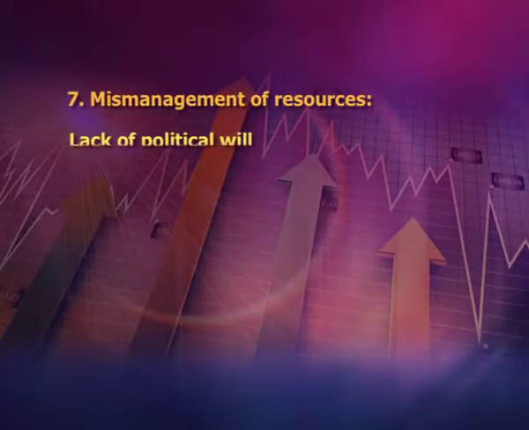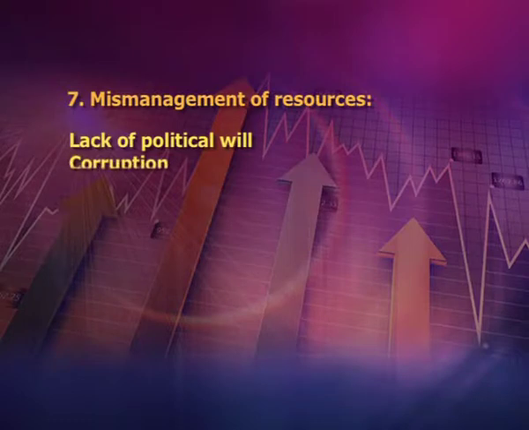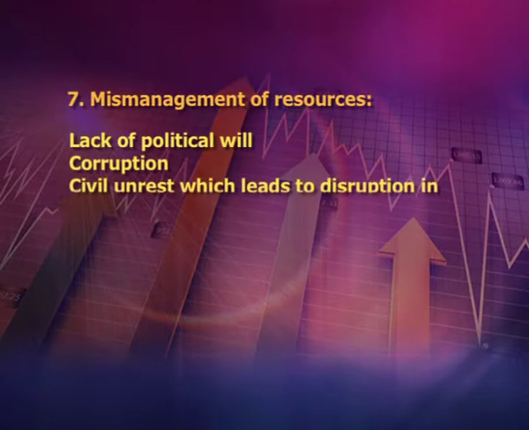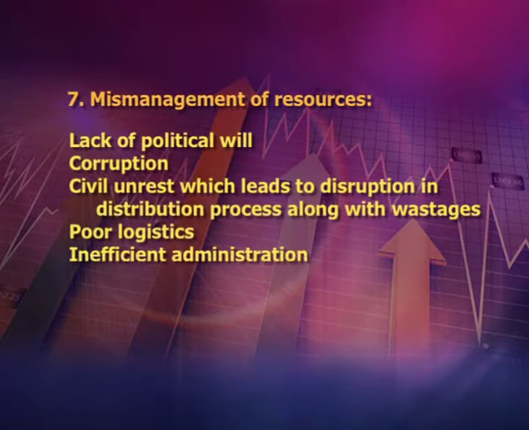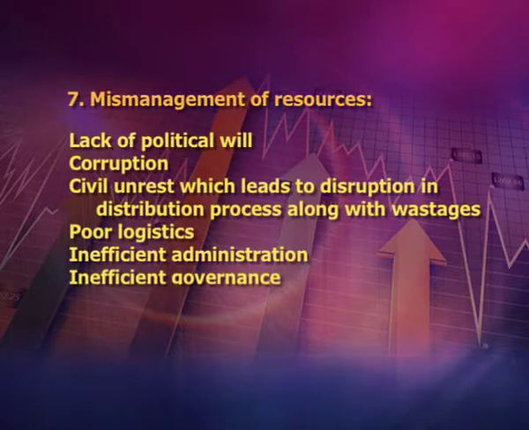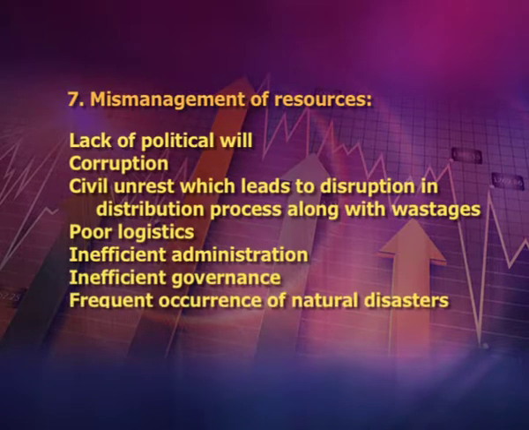This is because of a number of reasons like lack of political will, corruption, civil unrest, which lead to disruption in the distribution process, along with wastages, poor logistics, inefficient administration, inefficient governance, frequent occurrence of natural disasters and poor disaster management machinery, which also disrupt the distribution process and lead to wastages and so on.